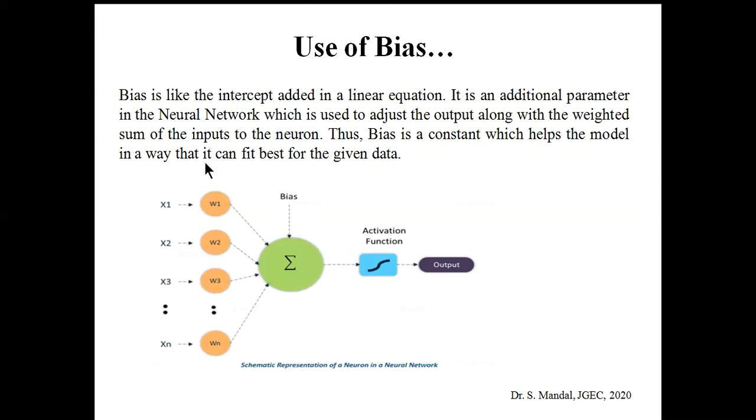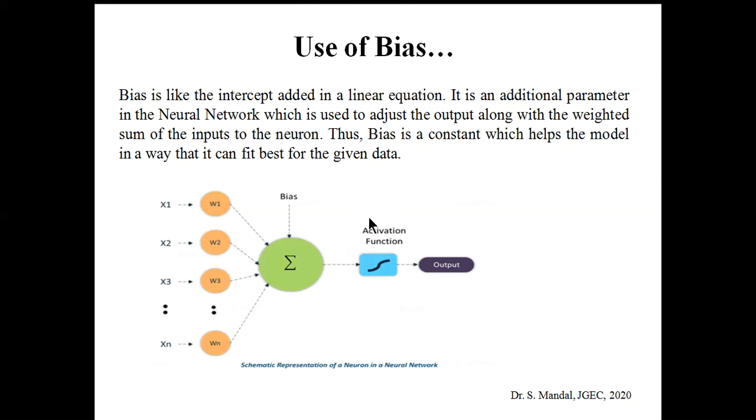Bias is like the intercept added to a linear equation. Basically it is a constant added so that the model can fit with the given data. What fitting and training are will be discussed later.